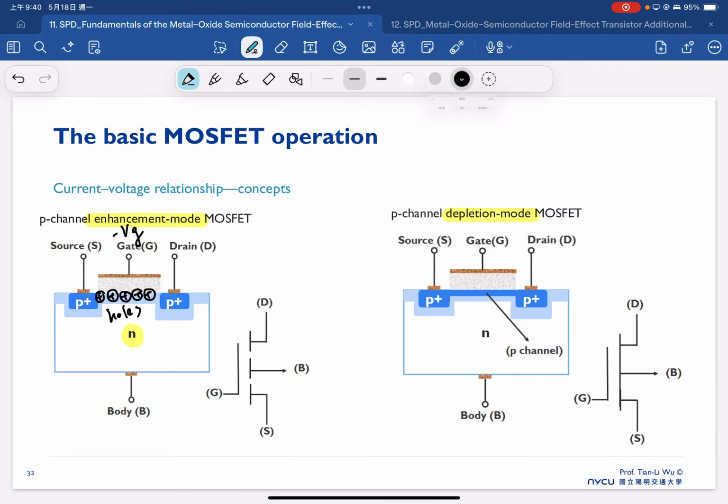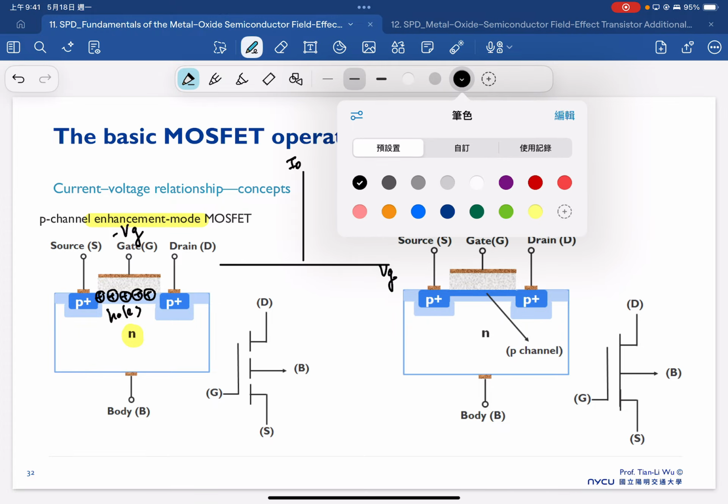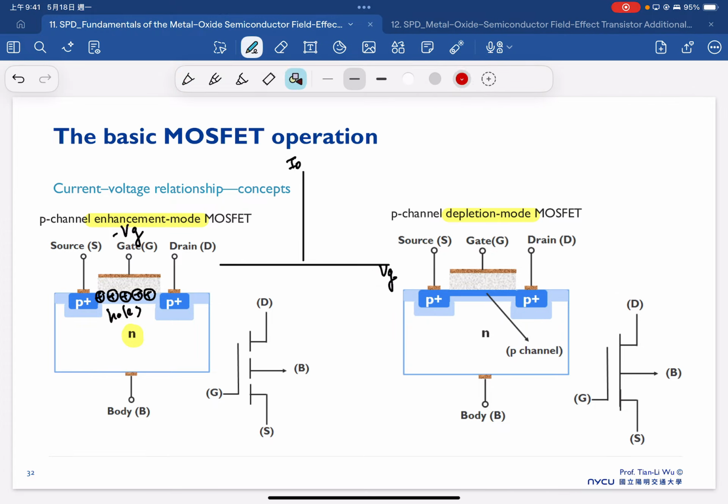So therefore, if you look at the ID-VG characteristic here, in the beginning we won't have any current flow. But once we have enough negative voltage, then we will start to turn on our transistor here.